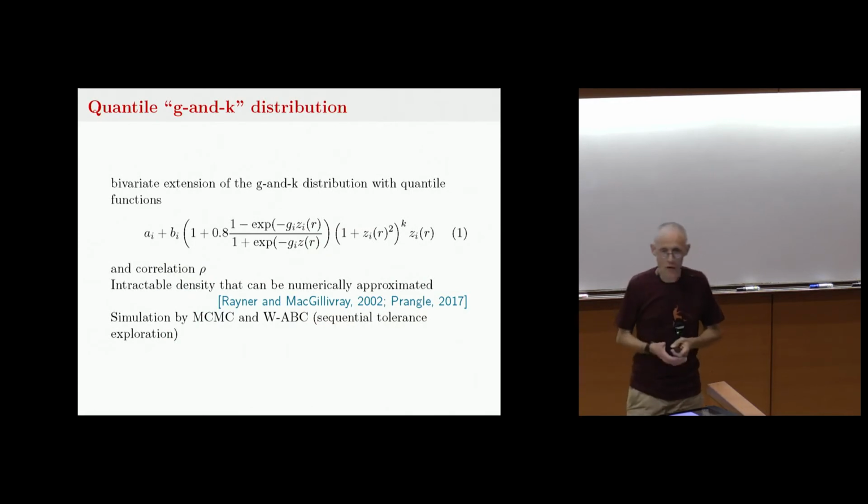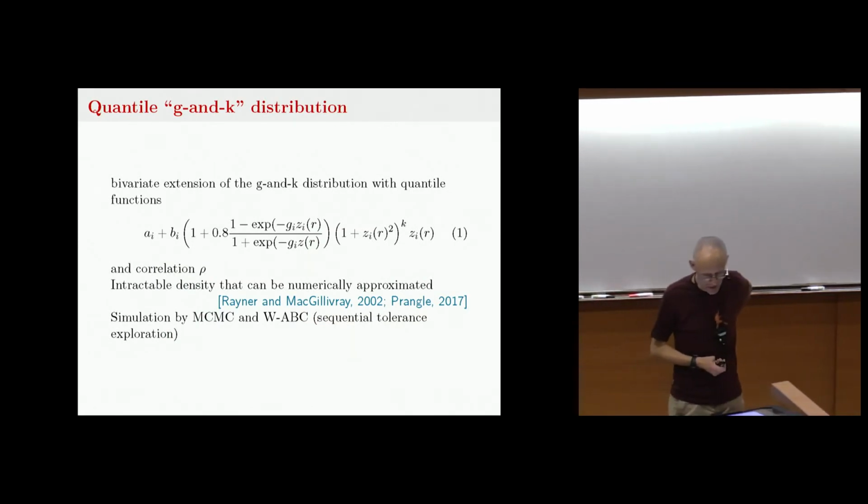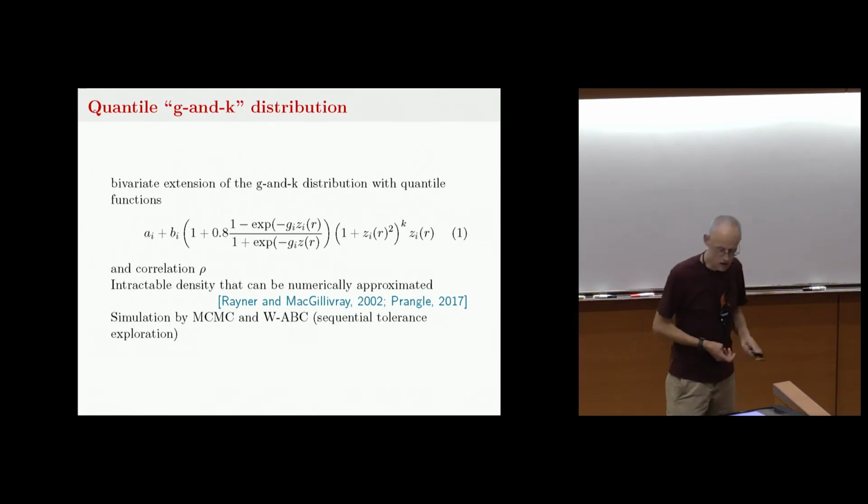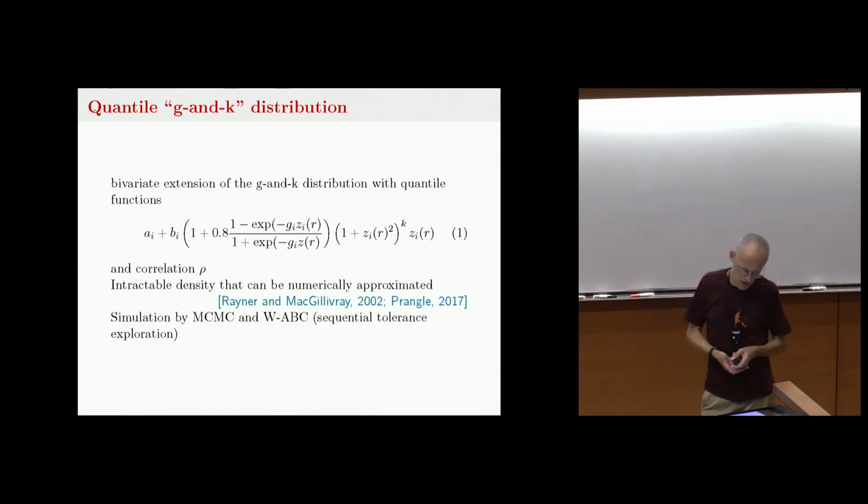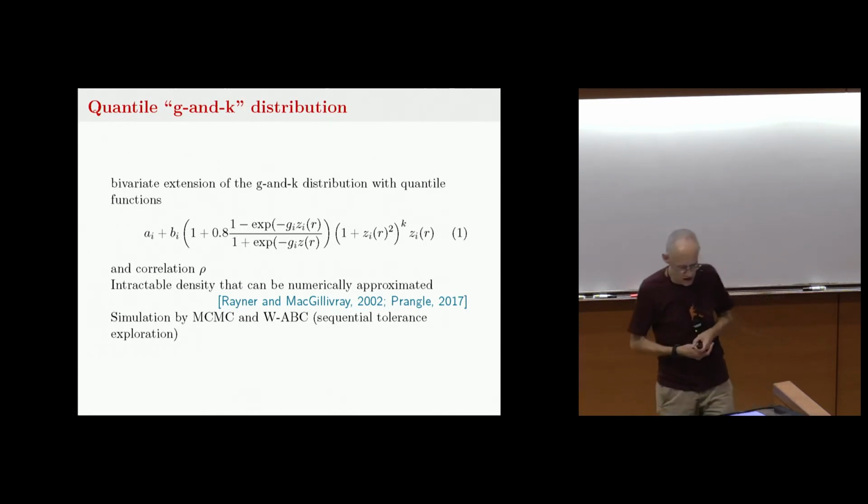There is another example that you find in a lot of ABC papers. I still consider it as toyish. It's slightly more challenging, but as Pierre showed a few years ago, you can conduct a lot of computations exactly without any approximation.